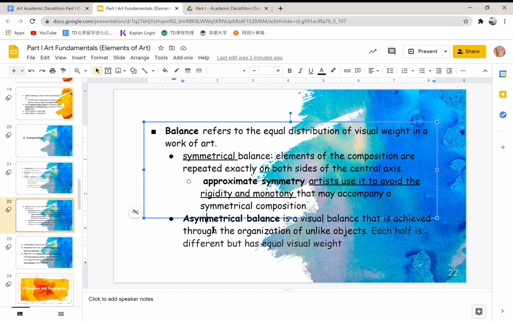Asymmetrical balance, I guess an example would be you're drawing a pencil, so on one side it's an eraser, on the other side it's kind of sharp, and so it's not balanced. So if you draw that, then you draw a middle line, then you see that both sides look different, but it's also like a technique, and it's just like a type of asymmetrical balance.